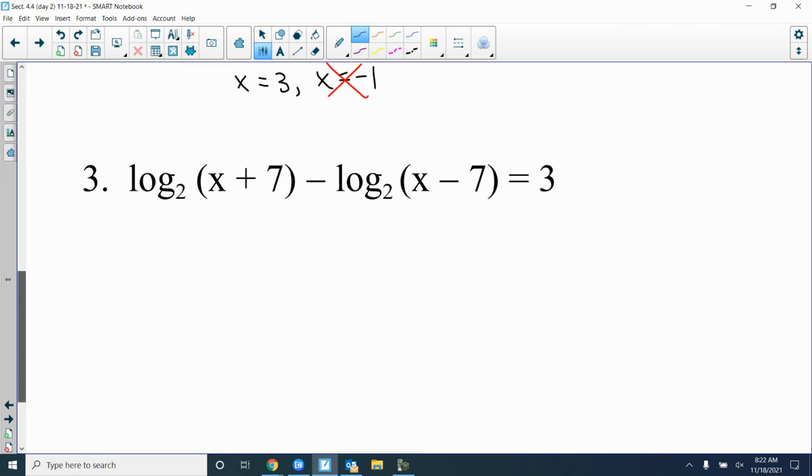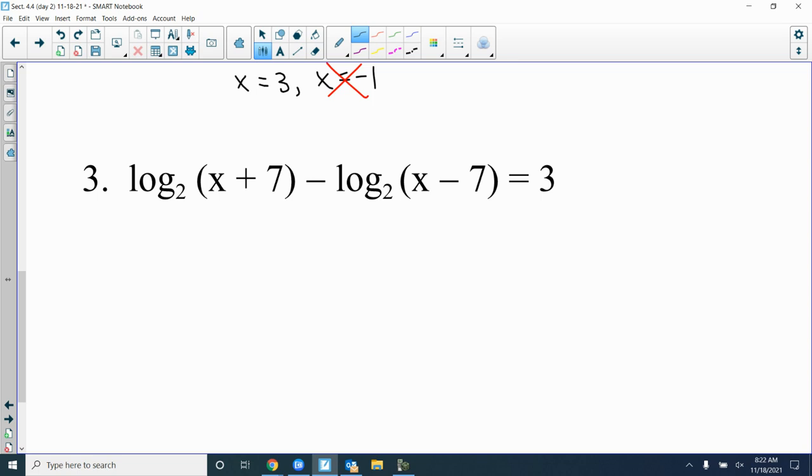All right, one last one we've got to get through here. Log base 2 of x plus 7 minus log base 2 of x minus 7 equals 3. If it's a minus, how do we condense it?